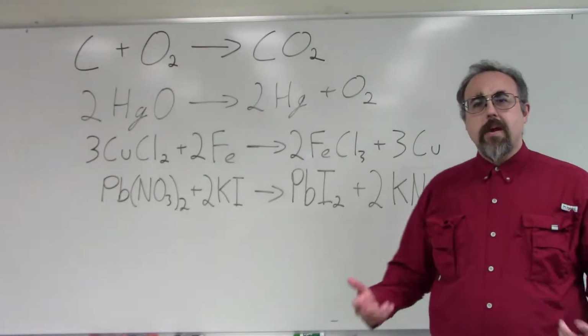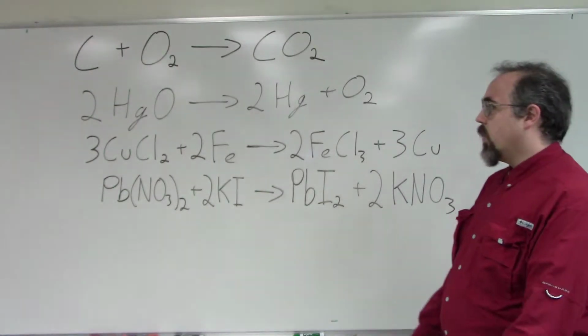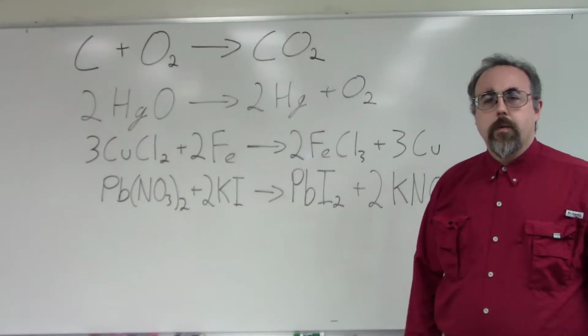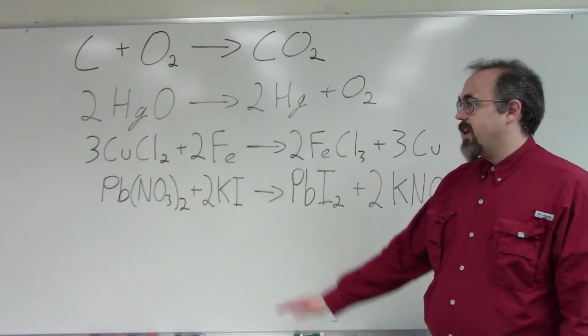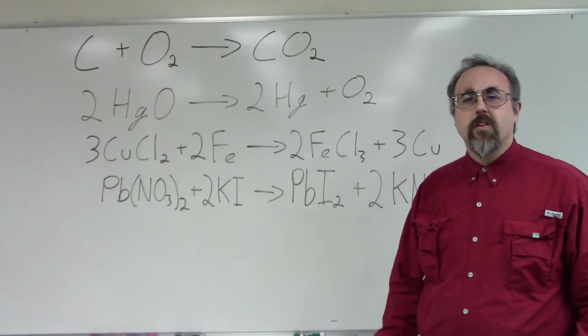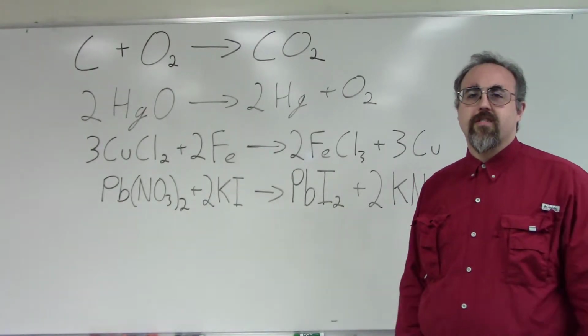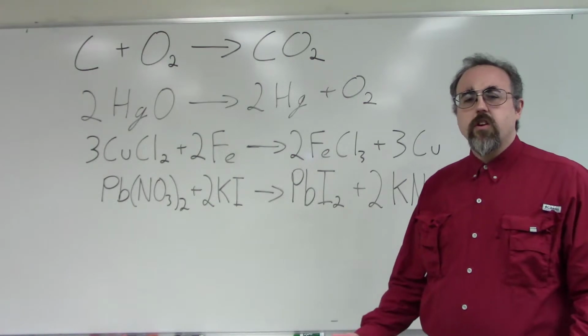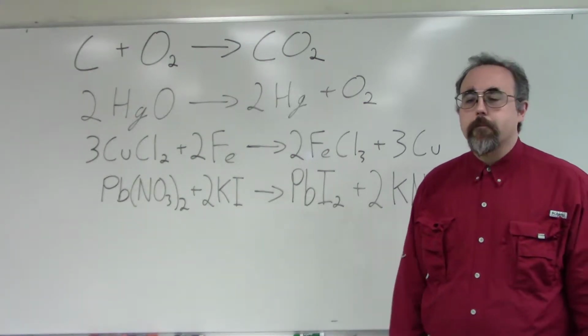The last of the major types is what we call a double replacement or double displacement. In either case, the terms replacement and displacement are interchangeable. It's kind of an older style versus a newer style of speaking. Generally, newer textbooks will call it replacement.